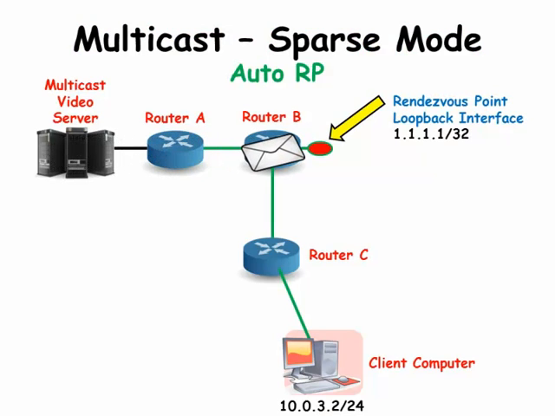Again, let's look at the diagram of our simple network. The first step is to verify that the unicast traffic is working correctly, and we have already done that. The second step is to configure multicasting on all the routers that will be forwarding multicast traffic.